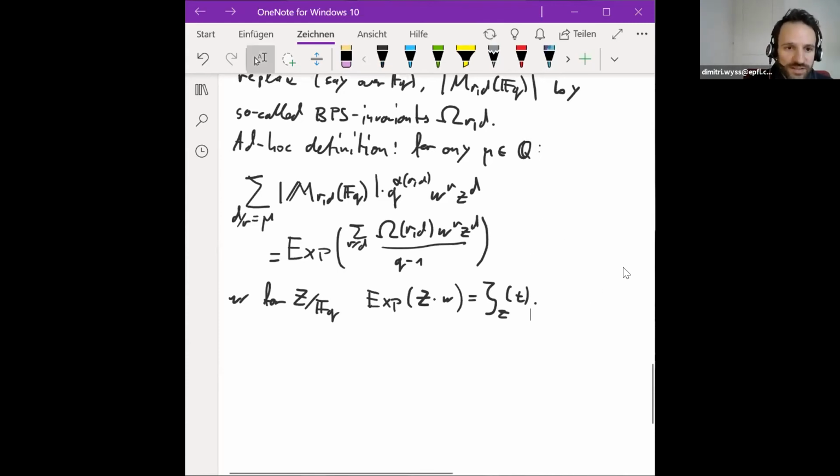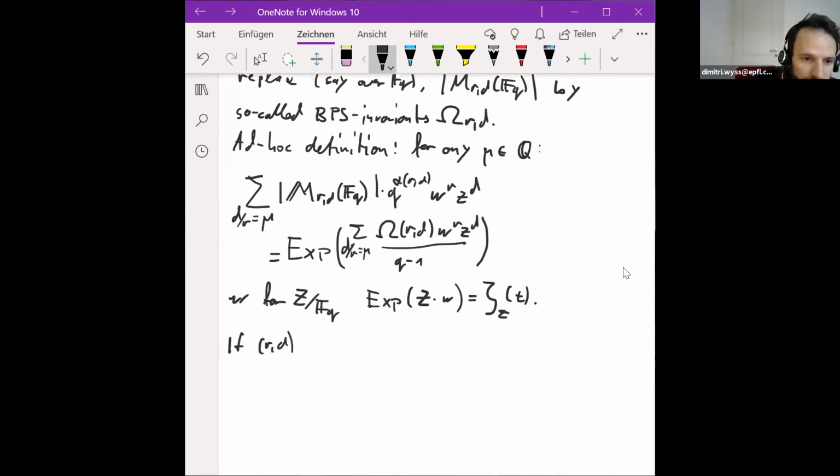There's some way to define this omega r,d, and it's not so hard to convince yourself that, sorry, this should also be d over r equal mu, if d and r are coprime, then you can already see from this formula that omega r,d is just the number of points of the moduli space as before, times q to some power alpha.